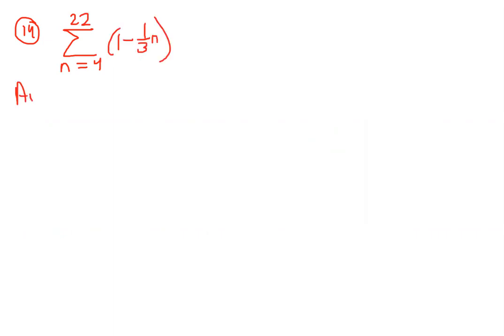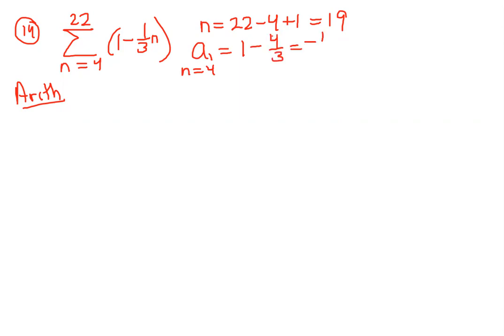And number 14, we've got the sum from N equals 4 to 22 of 1 minus 1/3 N. Okay, this is arithmetic. You can tell just the way it's written. And our N is 22 minus 4 plus 1, which is 19. And our first term is when N equals 4. So it's 1 minus 4/3, which is negative 1/3.